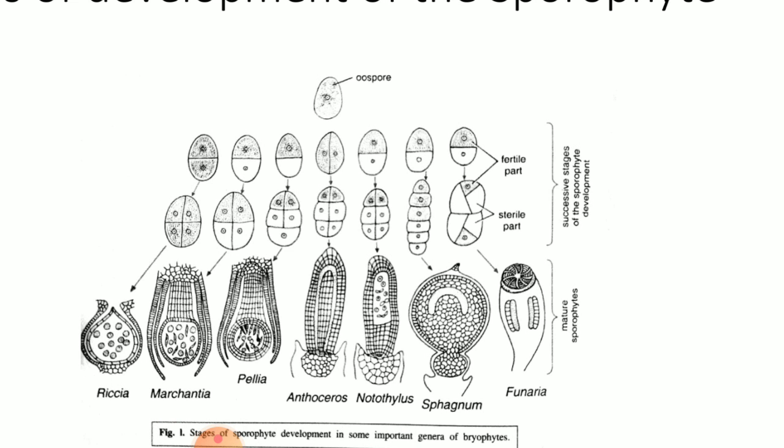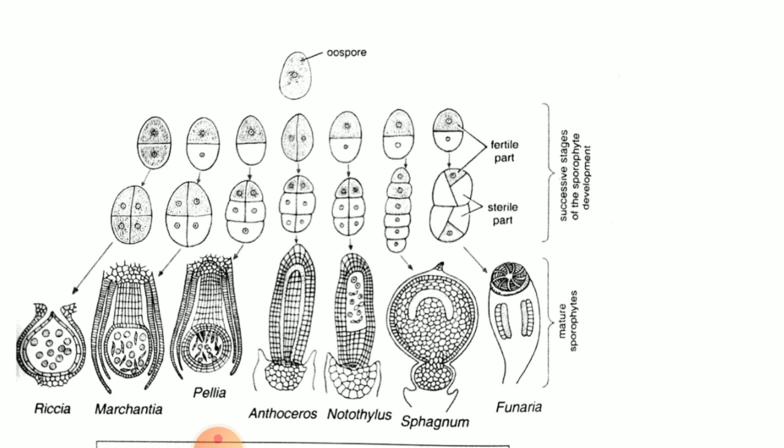And these are the mature sporophytes of some of the members: Riccia, Marchantia, Pellia, Anthoceros, Notothylas, Sphagnum, and Funaria. The upper one shows the successive stages of the sporophyte development in the group Bryophyta.